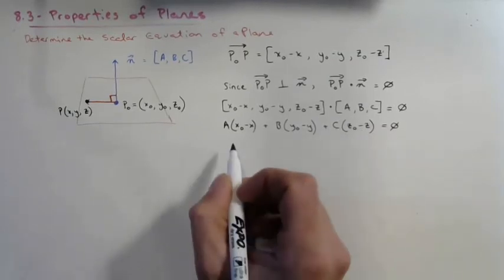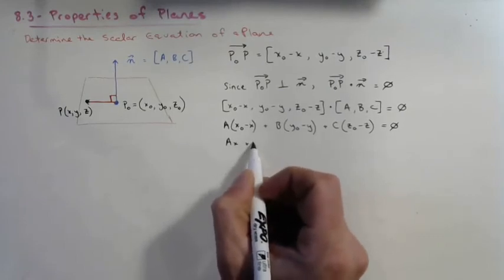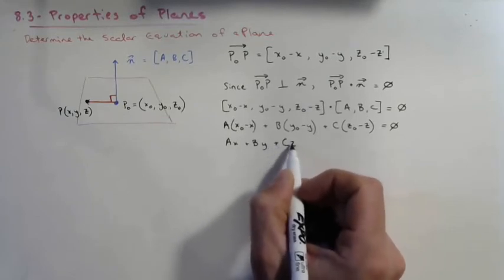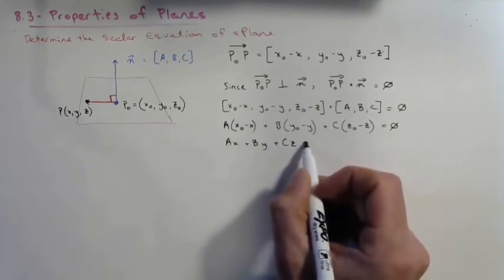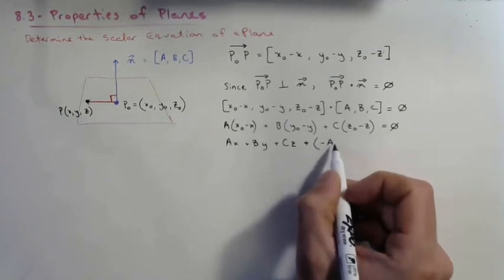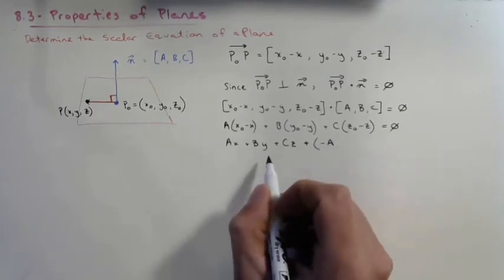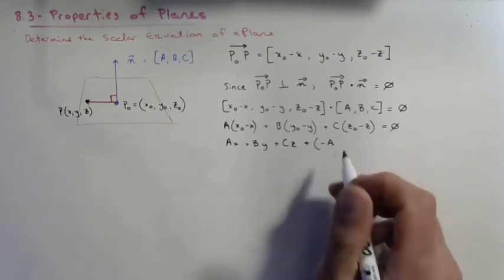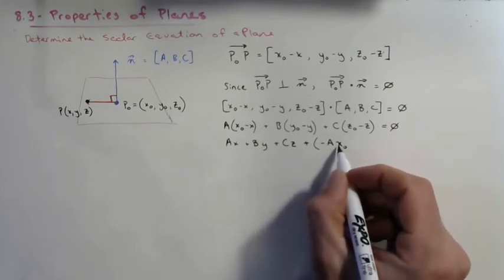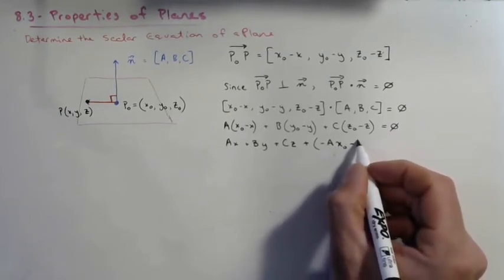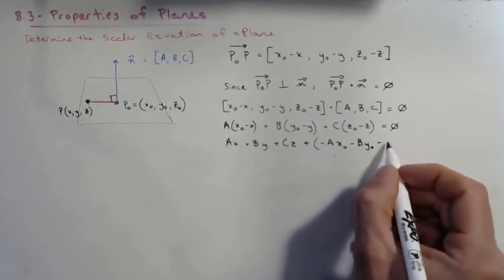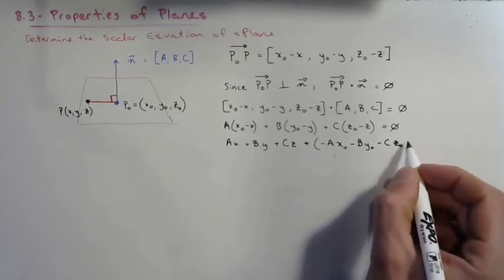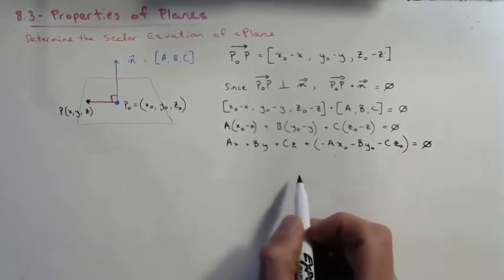And if I rearrange that, I end up with Ax plus By plus Cz plus, and that, by the way, looks like it's multiplied both sides by -1 as well, in case you're wondering how I all of a sudden changed the sign. This is negative A times x naught, minus B times y naught, minus C times z naught, set equal to 0.